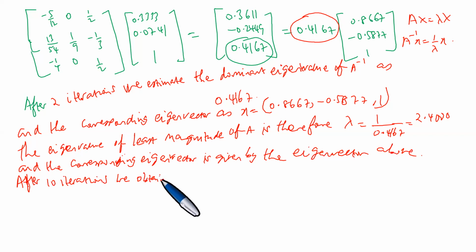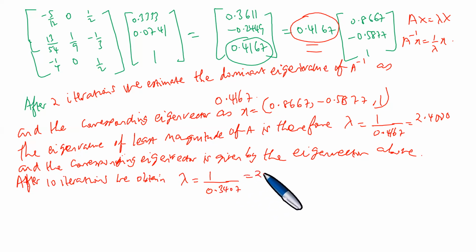After 10 iterations, we obtain lambda equals 1 divided by 0.3407.